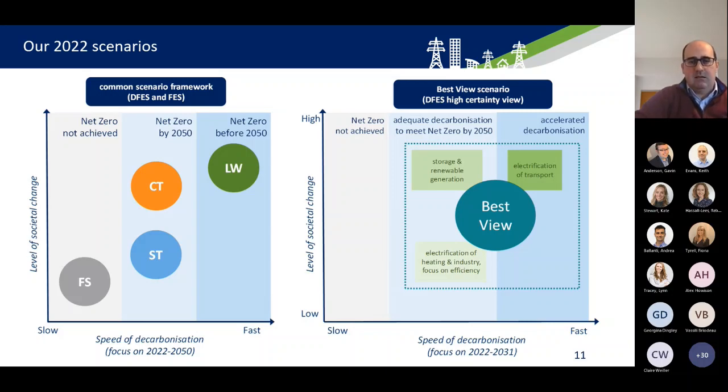On the right-hand side is the definition of the best view scenario that we adopt. It's been agreed through ENA's Open Networks that all DNOs are using a 5th best view scenario that aims to capture the highest certainty trends in a 1 to 10 years horizon, and beyond that horizon, it just uses central assumptions in the longer term forecasts. So you can see what this best view scenario looks like for our region.